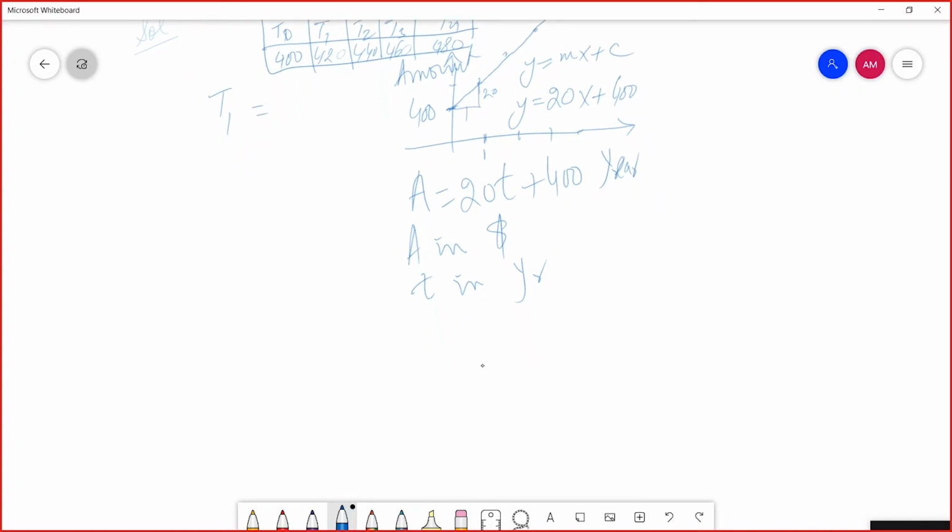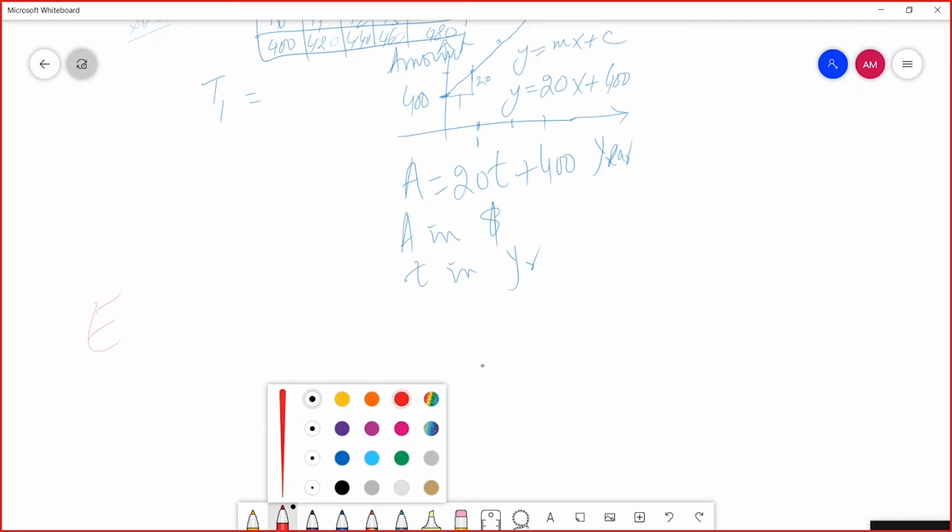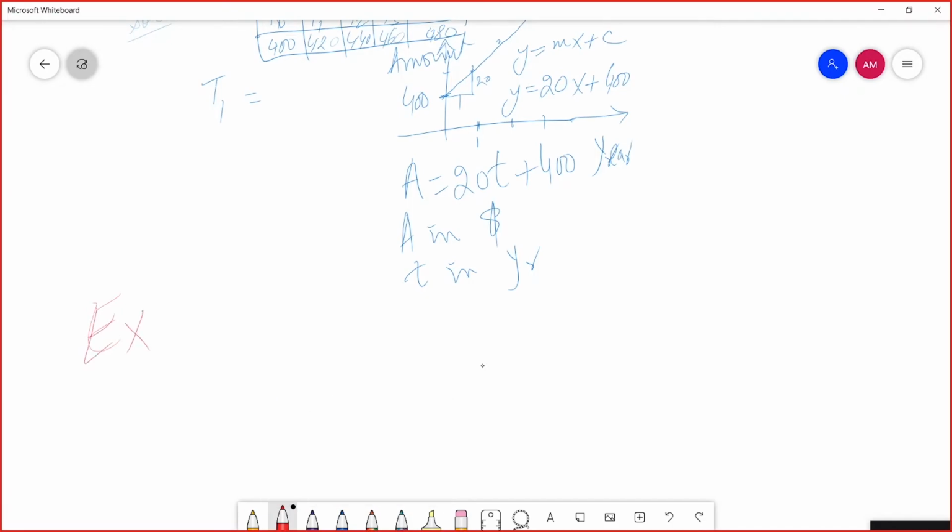If we say the same thing now, let's say the same example again. The initial amount is again the same, which is invested. Initial amount is $400, right? Yep. Initial amount $400.